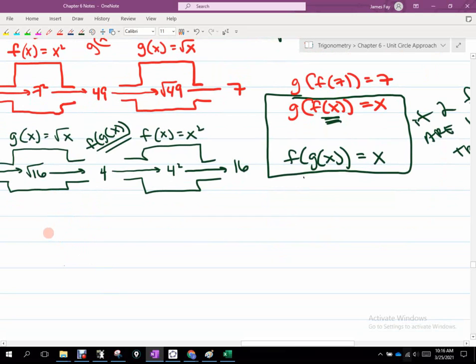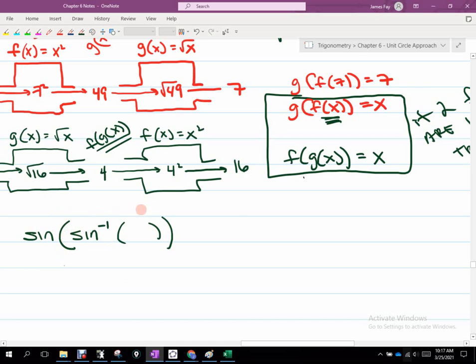Okay? If we have, let's say, the sine function, and then the sine inverse nestled inside of it, okay, that's a composite function, right?